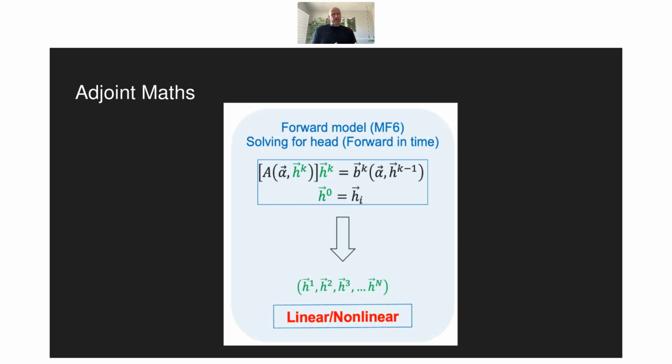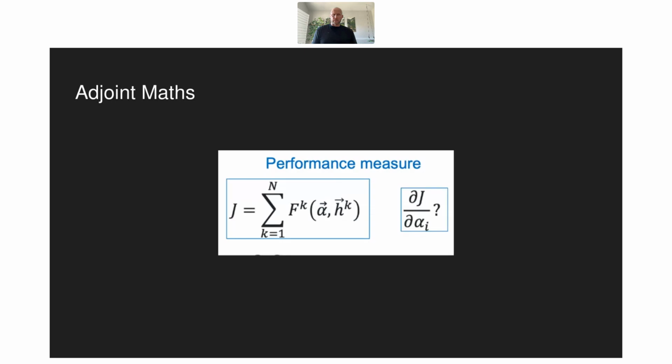That's the nonlinearity in this solution process. That vector alpha, that contains all of our conductances, our boundary condition elements, our hydraulic conductivities, those are all stacked into that vector. And you'll also notice the right-hand side B also depends on alpha and the heads at the previous time step. So that's the standard way MODFLOW moves forward in time, solving for the head vector.